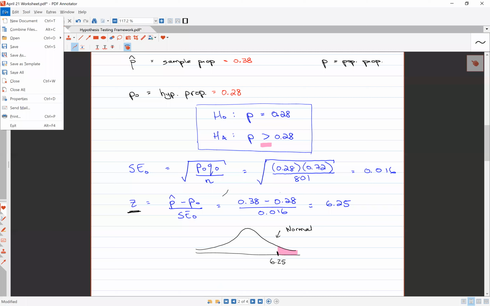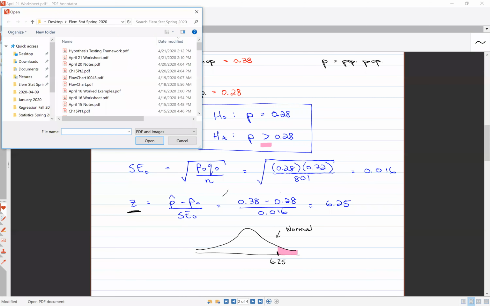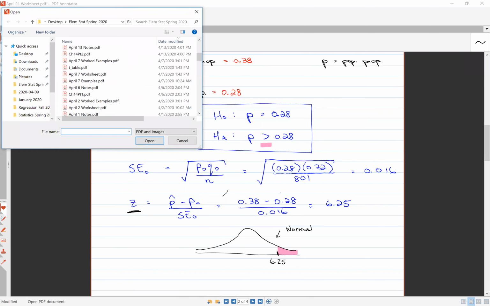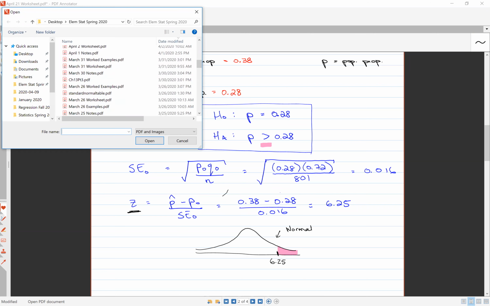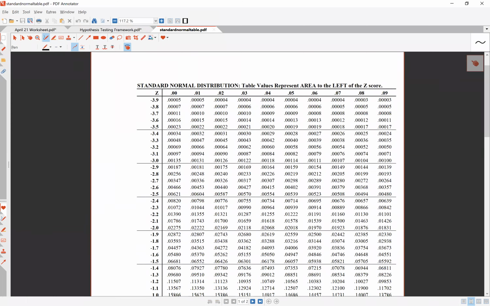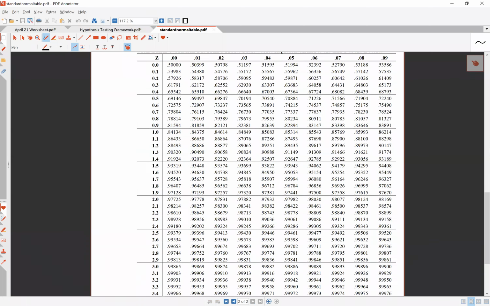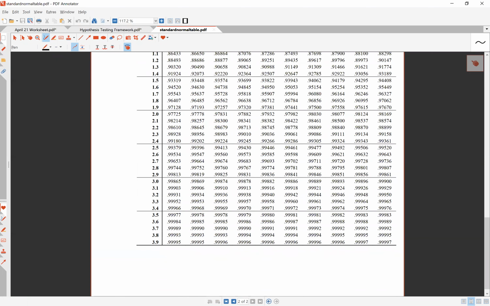In fact, let me open the normal table to show you. Here's my normal table, and if I go through the normal table, the largest value I have is 3.99.